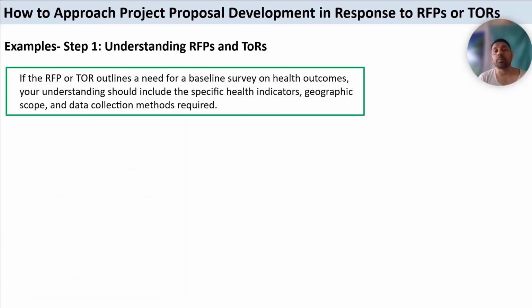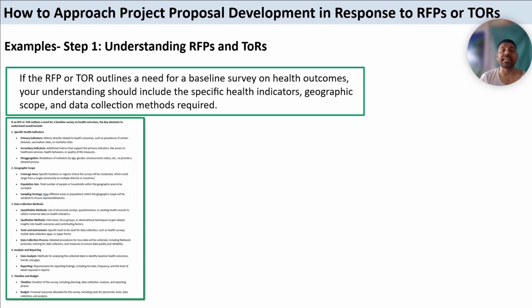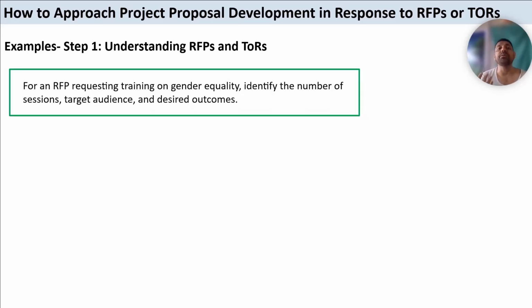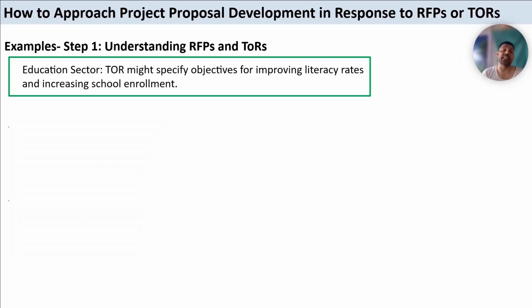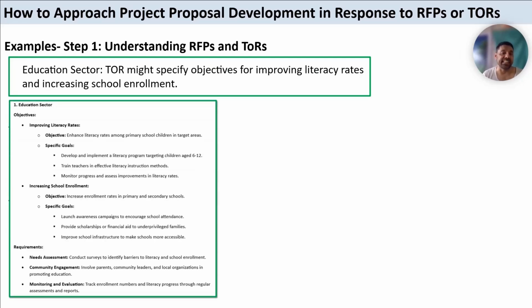If the request for proposal or ToR outlines a need for a survey on health outcomes, our understanding should include the specific health indicators, geographic scope, and data collection methods required. Or if the RFP is regarding a training to be delivered, we need to identify the number of sessions and the desired outcome. In the education sector, a ToR might specify objectives for improving literacy rates and increasing school enrollment, enhancing teachers' capacity.